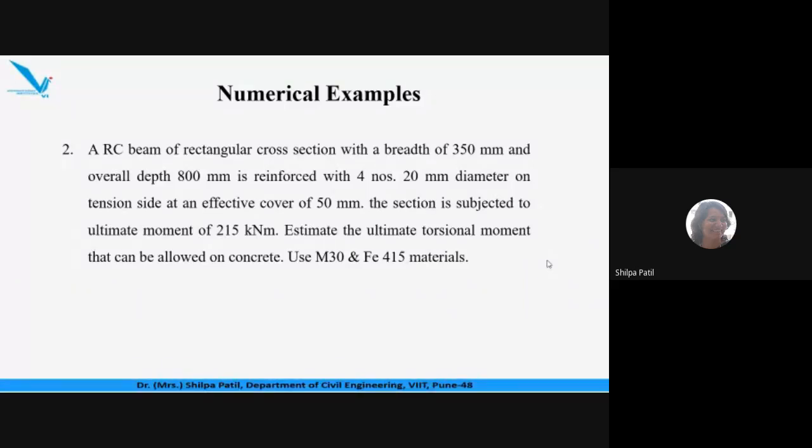So all of you please note down this problem statement. Once you finish writing, please let me know. Is it over?